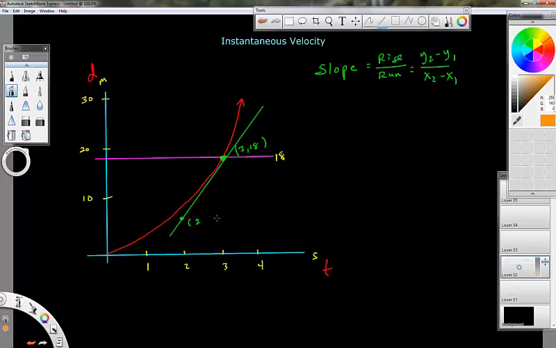I think it's about 6, something like that. About 2, 6. And if we plug this in, we're going to get our slope.